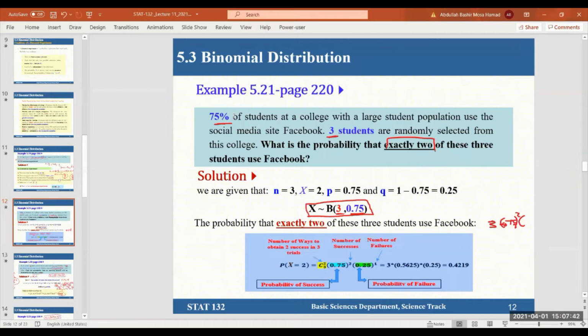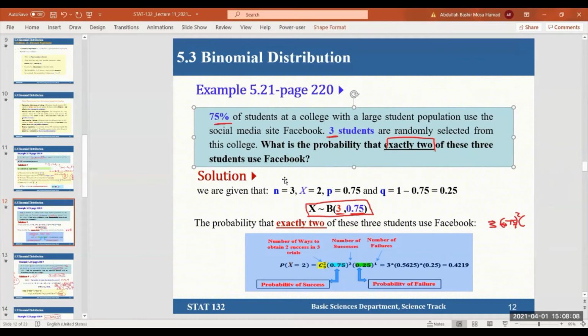What is the probability that exactly 2 of these 3 students use Facebook? First, we want to determine the value of n and the value of p. Here we need to find p and q.